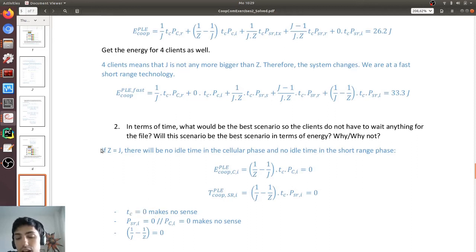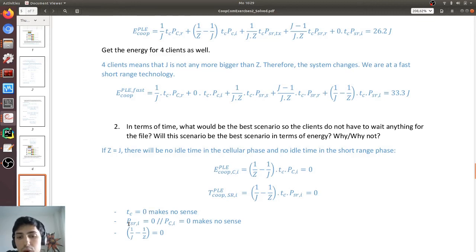Of course, t sub c equal to 0 makes no sense. I'm going to explain how to get to this, because if you just say this, it's good, but we need to prove it, of course. If t sub c is 0, this means that the time it takes to download the file is 0. Makes no sense.